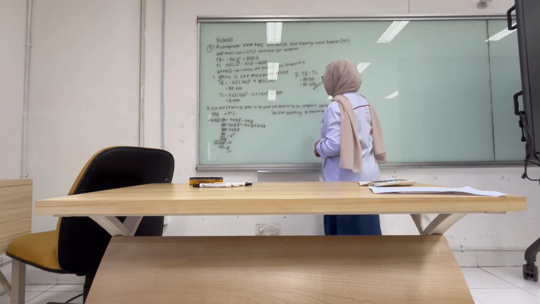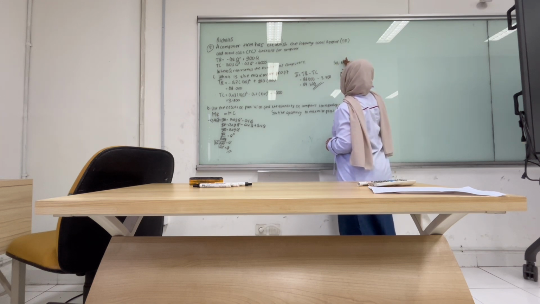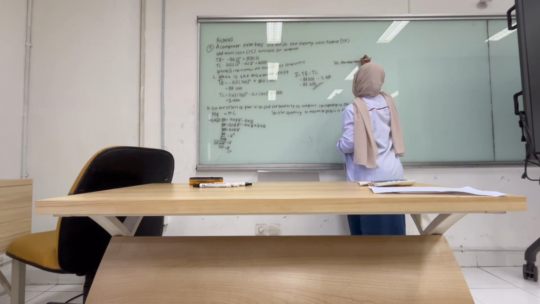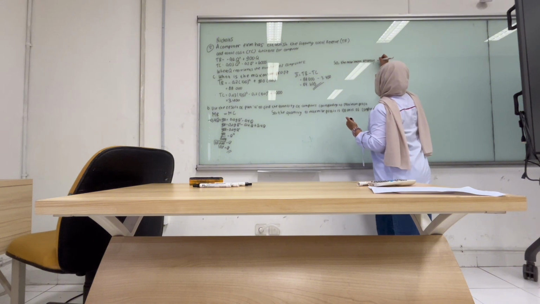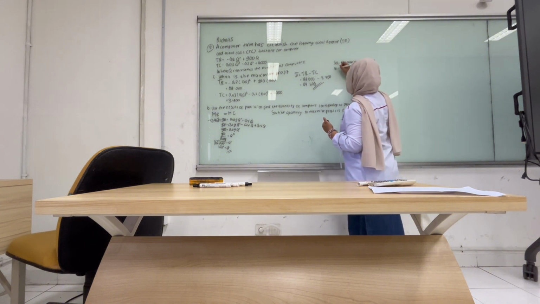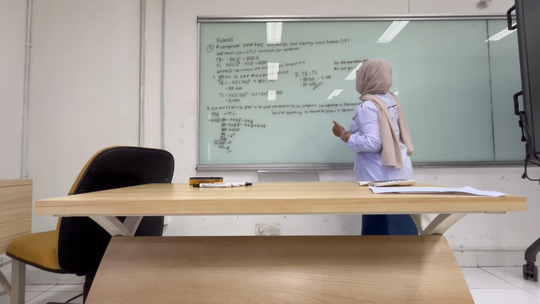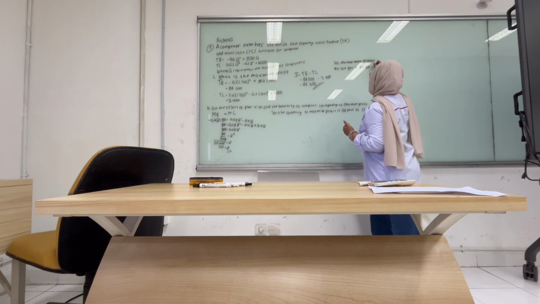So this is the maximum profit we can get, which is 84,600 monetary units.